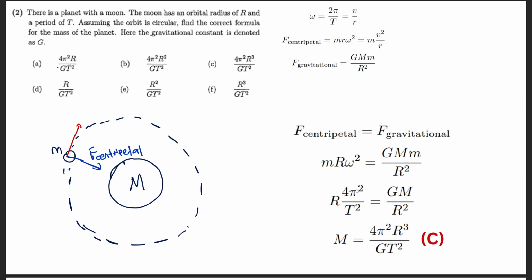So we are left with r times 4 pi squared over T squared is equal to G M over r squared, and we search for the mass of the big planet, so we can write this equal to big M. So we move G to the bottom here and r squared to the top here. It became 4 pi squared r cubed over G T squared, that is C.